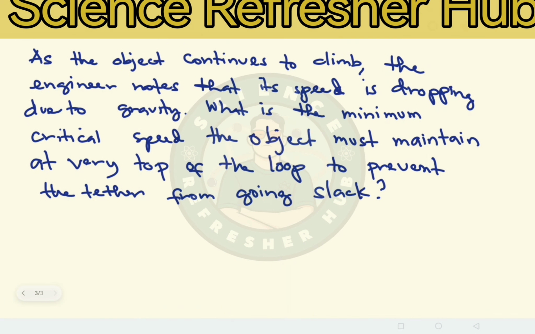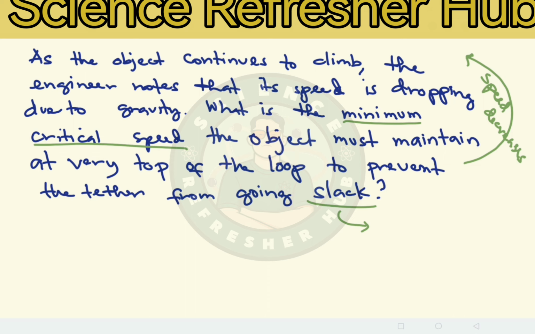And this time, let's continue. As the object continues to climb or ascend, the engineer notes that its speed is dropping critically due to gravity, and it's expected because as we go up to our loop, our speed, of course, decreases. Let's not forget. And then, what is the minimum critical speed the object must maintain at the very top of the loop to prevent the tether from going slack?